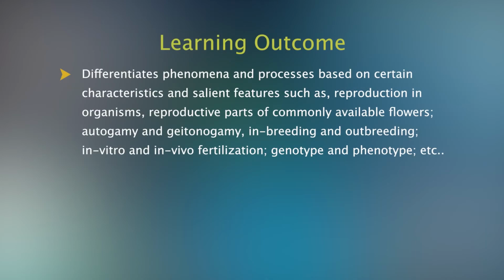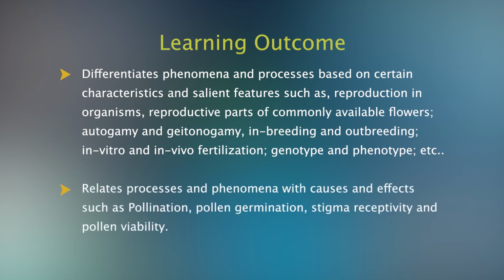The learning outcomes that can be achieved through this session are: differentiates phenomena and processes based on certain characteristics and salient features such as reproduction in organisms, reproductive parts of commonly available flowers, autogamy and geitonogamy, inbreeding and outbreeding, in vitro and in vivo fertilization, genotype and phenotype, etc. Relates processes and phenomena with causes and effects such as pollination, pollen germination, stigma receptivity and pollen viability.